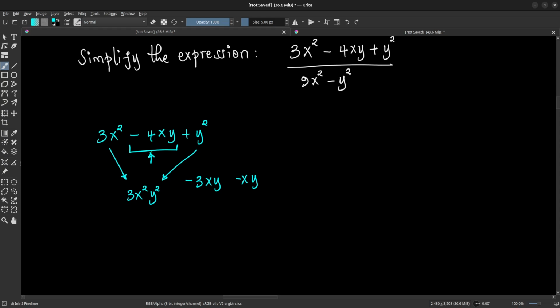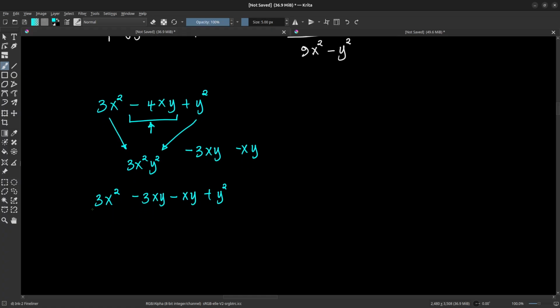So the middle term now becomes −3xy − xy, and to its right we still have + y², and to its left we still have 3x². At this point we take these terms in pairs. This is our first pair and this is our second pair.